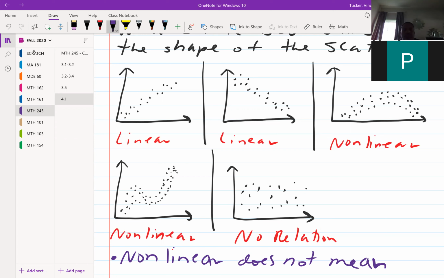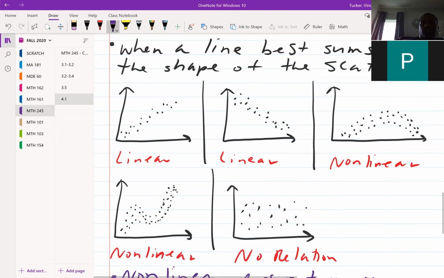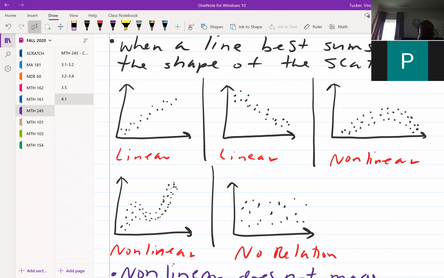All right, so once again, having a linear relation or a linear relationship just means a line best sums up the shape of the scatter plot. So when we look at the first two, it is a line that best sums up the relationship or the shape.